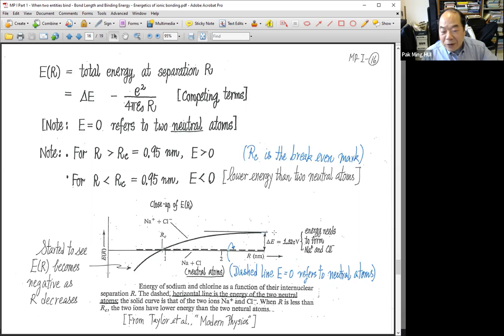But when they come closer, you start to gain the Coulomb attraction. At this particular distance, it's the break-even point. So we started to see a curve coming down.